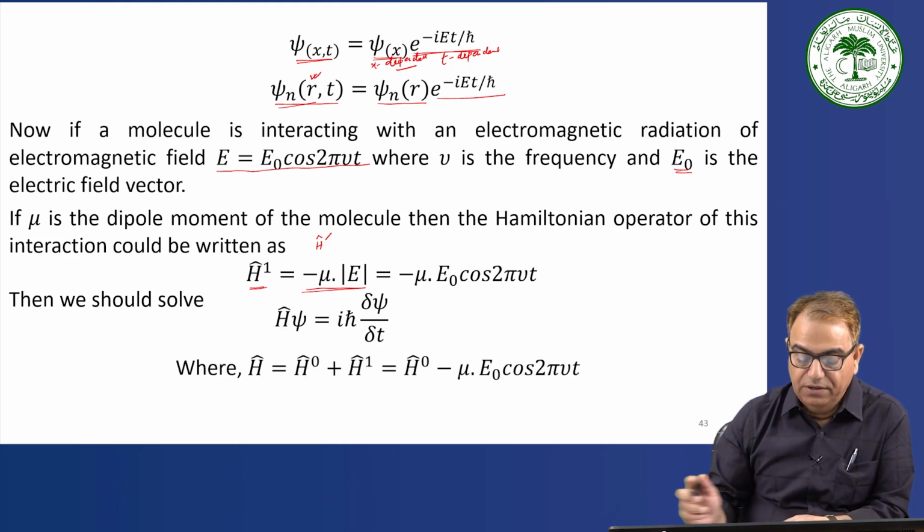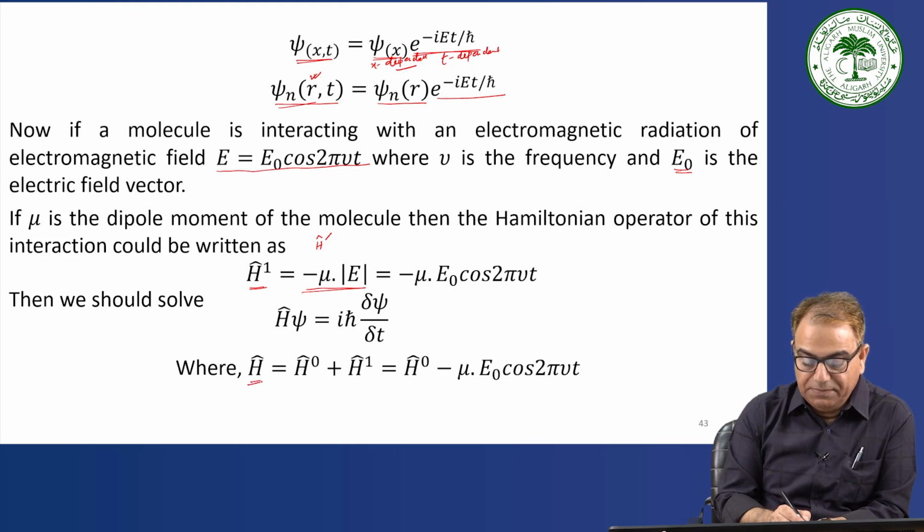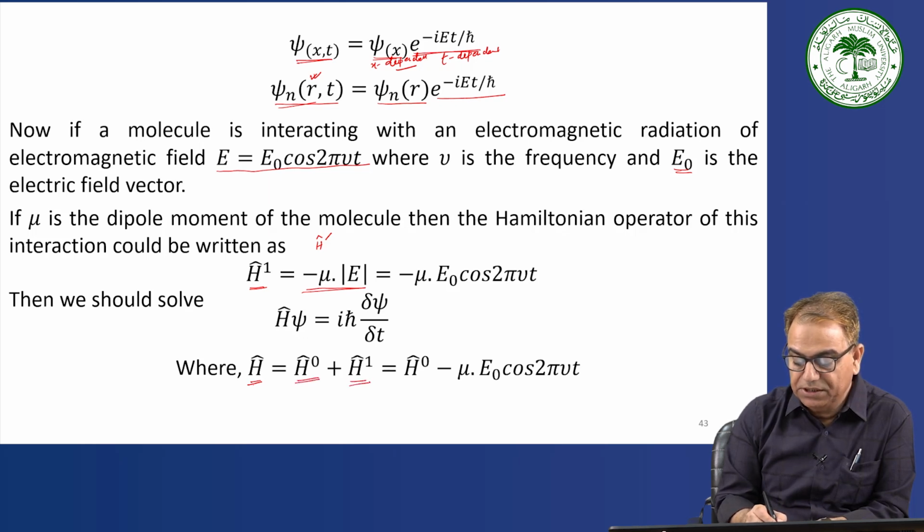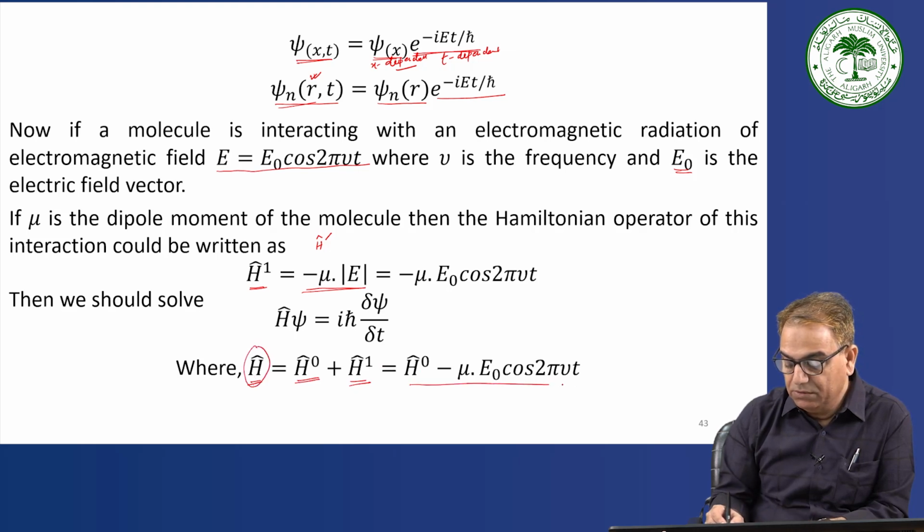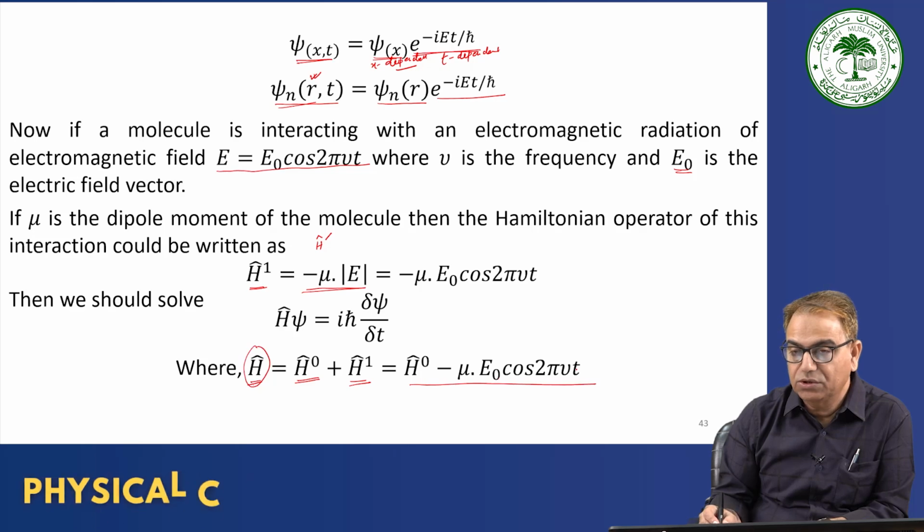So what is the unperturbed system Hamiltonian? The perturbed Hamiltonian is the unperturbed Hamiltonian plus the perturbation, that you know. So the perturbed Hamiltonian could be written as H naught minus mu E naught cos 2 pi nu t.